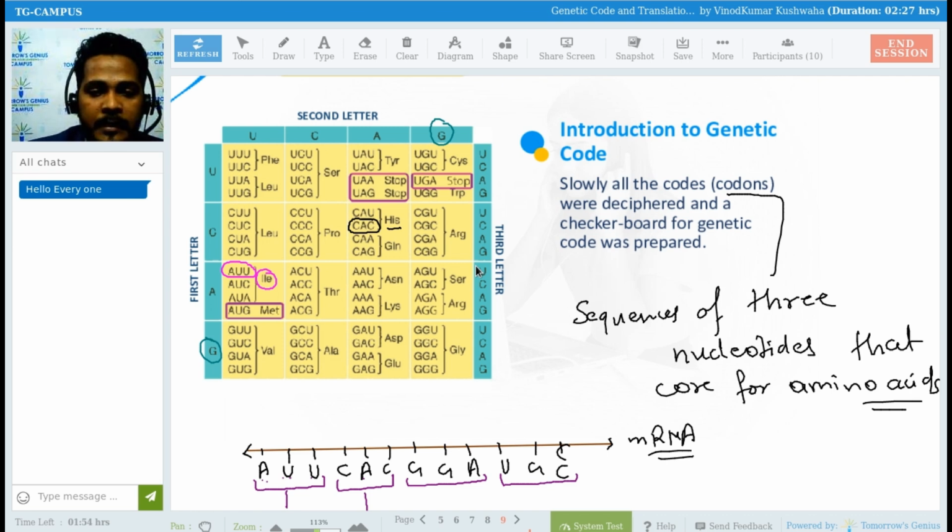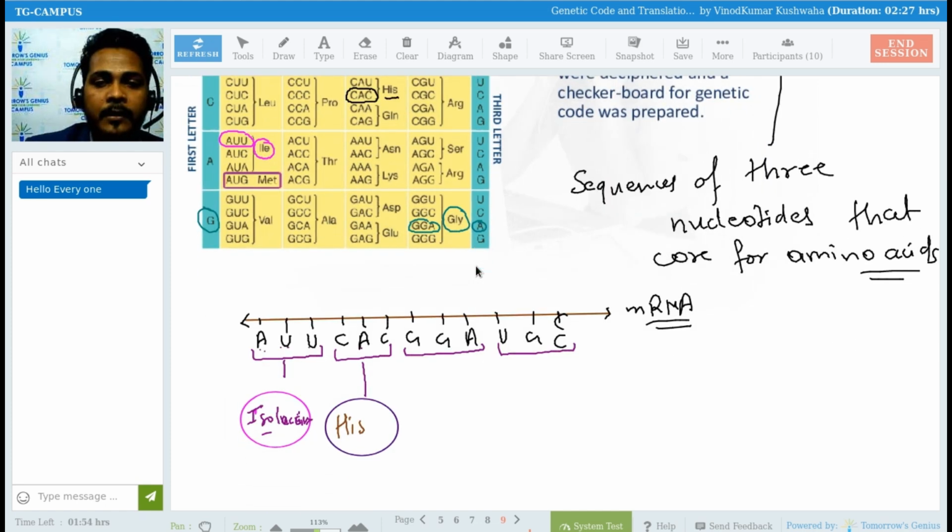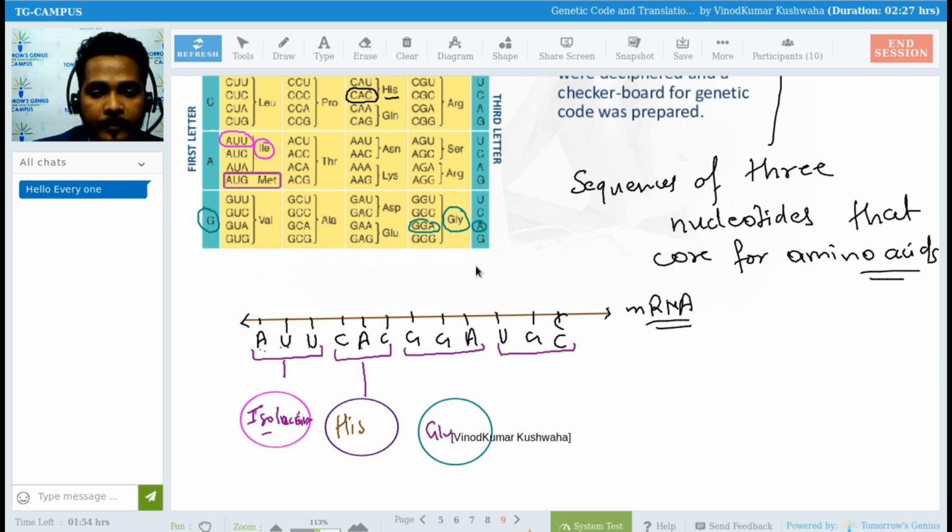So in this GGA, here is A. Now you will get it, right? What is the amino acid? This is called GLY for glycine. This is the code for glycine. So again I can go here, take a circle, and write here, this is glycine.